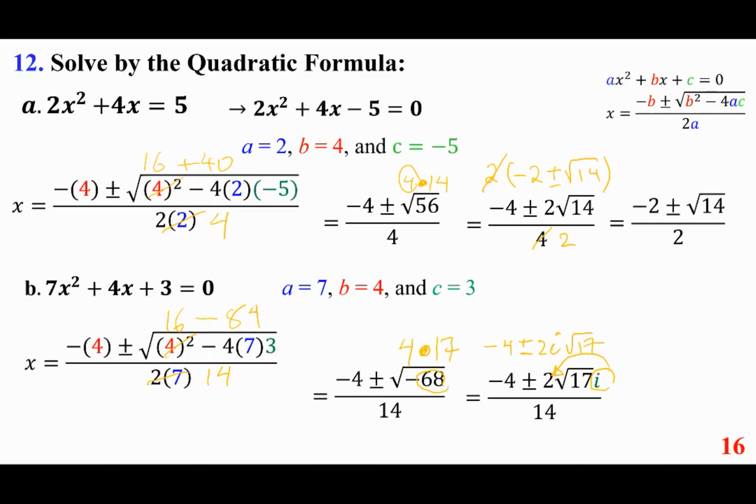By the way, you can see that there is a common factor of 2 we can take out, and these 2s cancel out. The 14 gives us 7, and this is the final answer: minus 2 plus or minus the square root of 17, i, over 7.